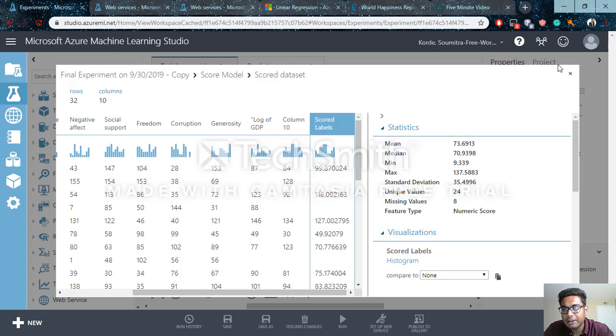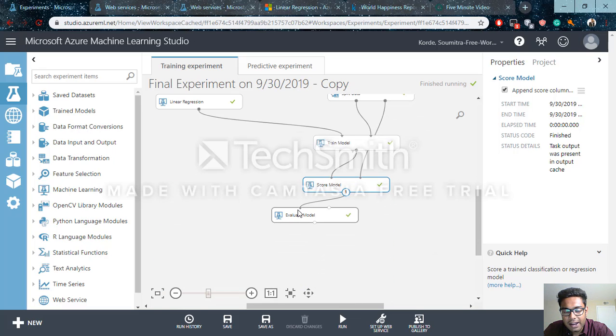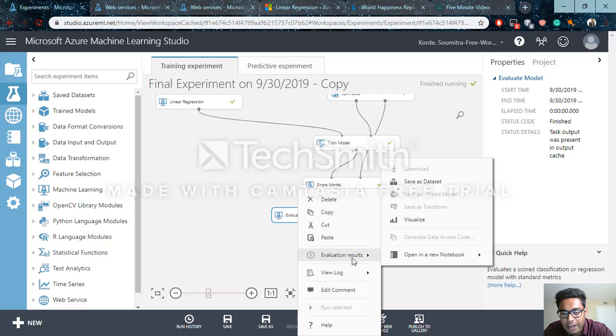After this, we are evaluating the model and then running it. I have already run this model, and the model is now ready, and therefore we will now evaluate the results.